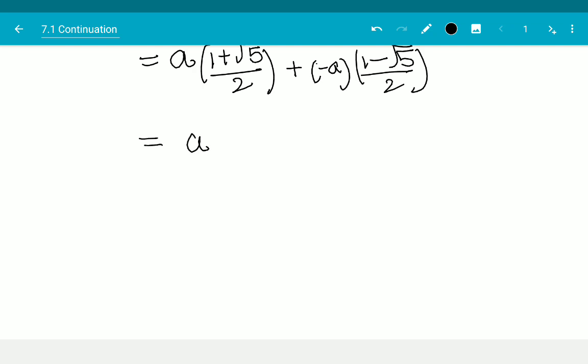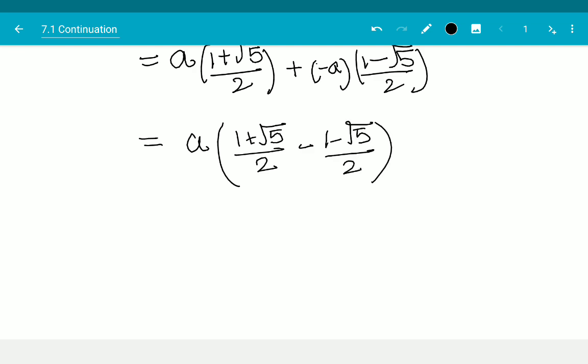So I can pull out a common factor, and I get a times ((1 + sqrt5)/2 minus (1 - sqrt5)/2) is equal to 1, which is equal to a times (sqrt5 + sqrt5)/2, which is sqrt5.